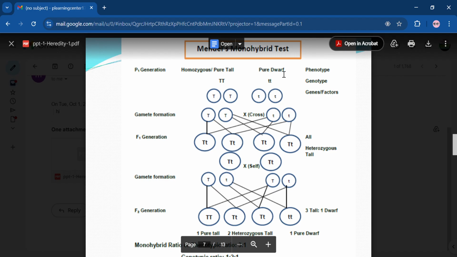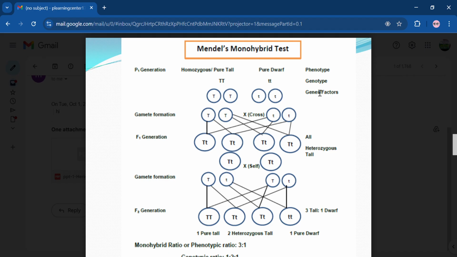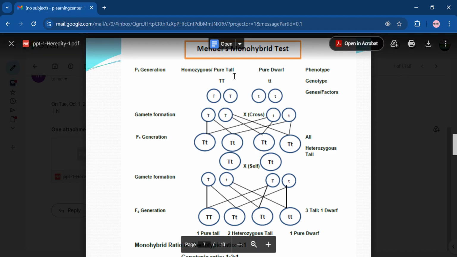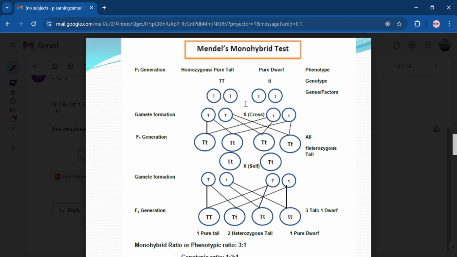Pure tall and pure dwarf are the phenotypic characters, and capital T and small t are called the genotype. When they are divided into gametes, they are present in a diploid manner, so they divide into single capital T and capital T, and small t and small t.